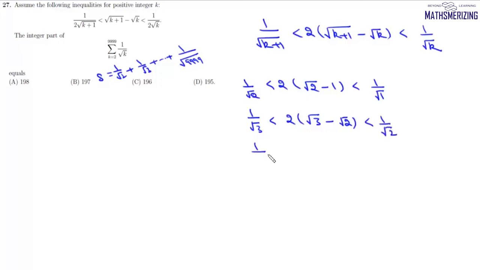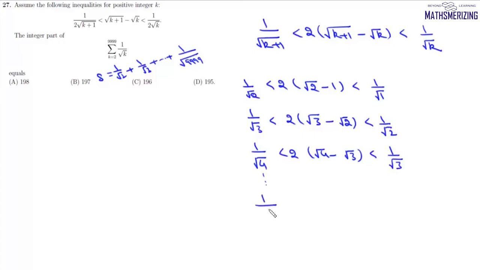Now if we put k as 3, we get 1 upon root 4 will be less than 2 into root 4 minus root 3, and less than 1 upon root 3. Now we continue like this till k equals 9999.